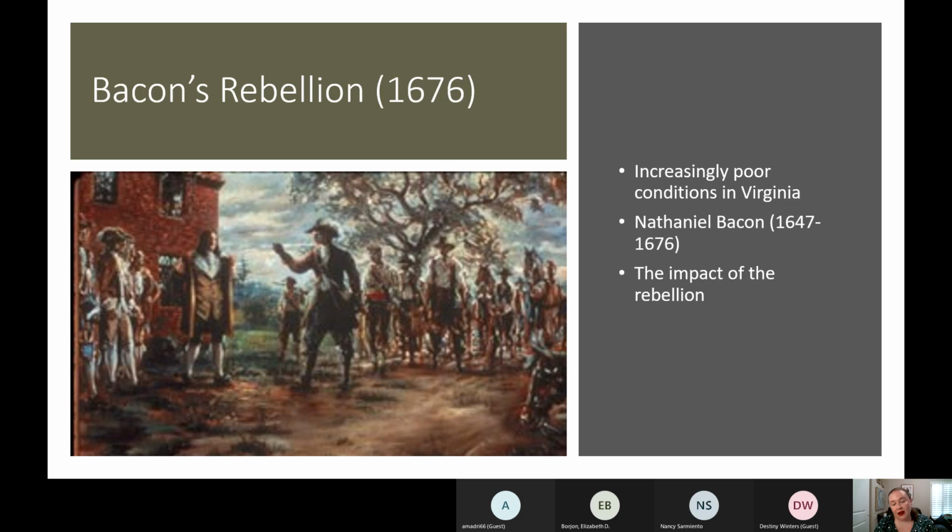They campaign not only against the Virginia government, but also Native Americans because they want more land. And eventually, after they burn down Jamestown, the English send in the Navy to restore order. Bacon actually died of disease during the rebellion.